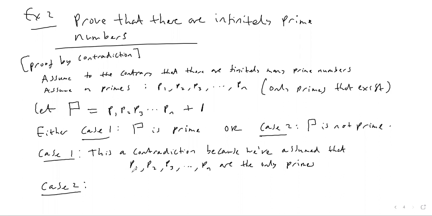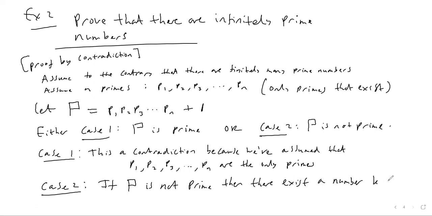So if this capital P is not prime, then there exists a number, and we'll call this number K. So there exists a whole number K, a positive integer K, such that P divided by K is an integer.